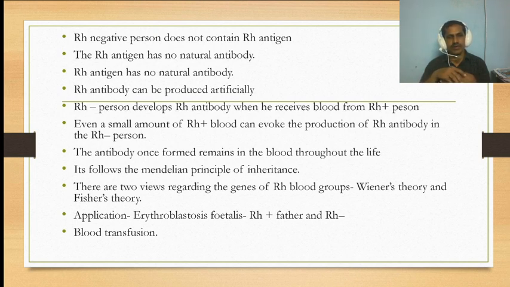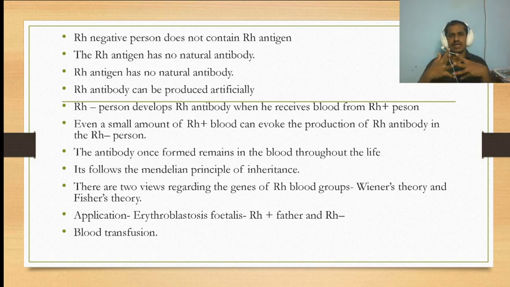RH blood groups follow Mendelian principles, like the law of dominance, law of segregation, and law of independent assortment. They follow two theories: the Weiner theory and the Fischer theory.